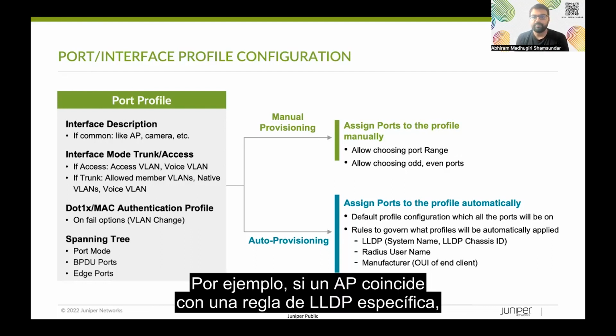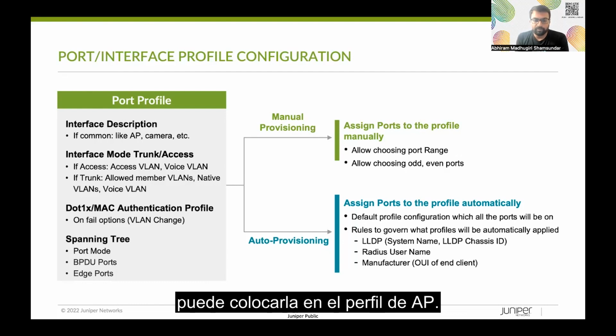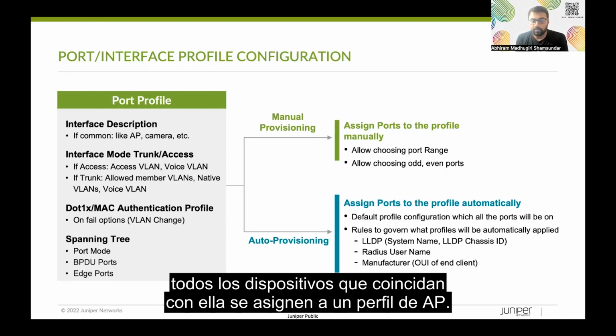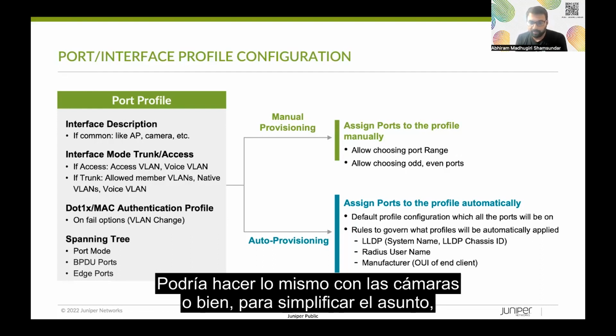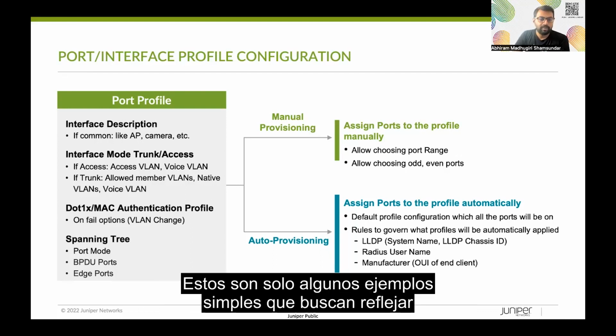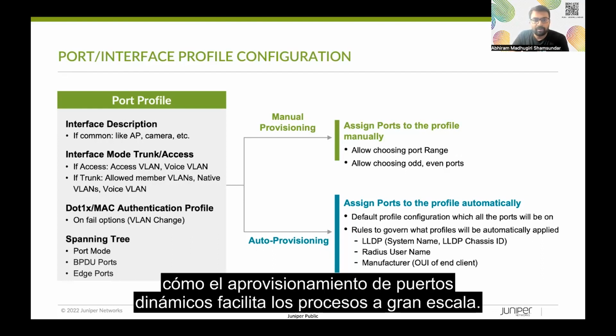For example, if an AP matches a particular LLDP rule, you can actually put them into the AP profile. Mist APs have an LLDP description that starts with Mist, so you match that and you put any device that matches that to an AP profile. Similarly, you can do cameras, and as a catch-all, you could also use just the MAC addresses. So these are some simple examples as to how dynamic port provision can also make your life easier in order to provision at scale.